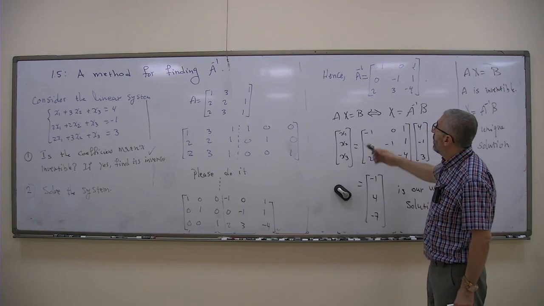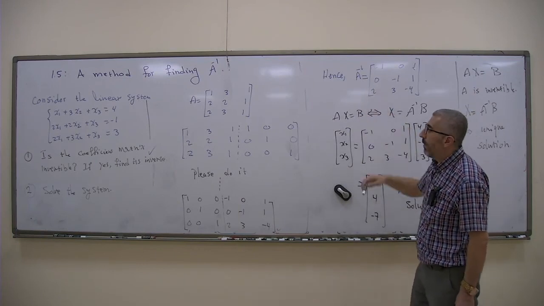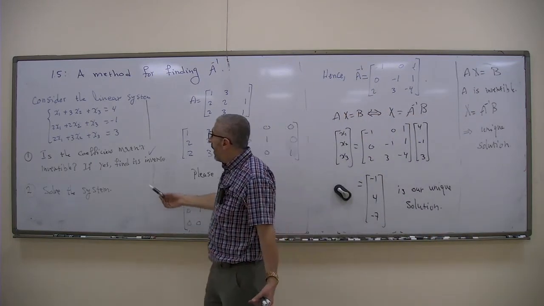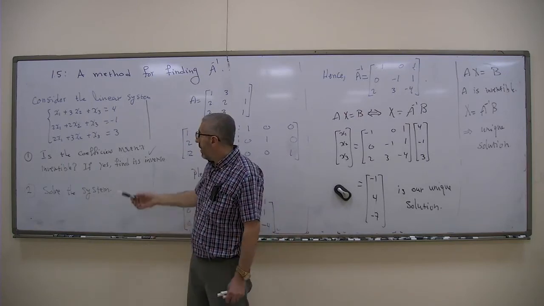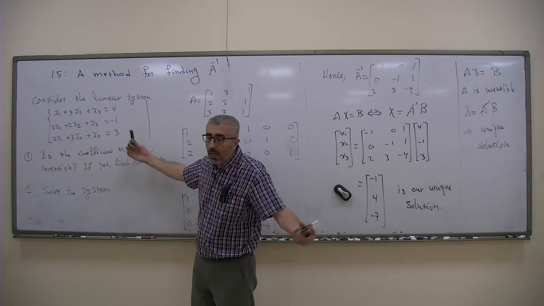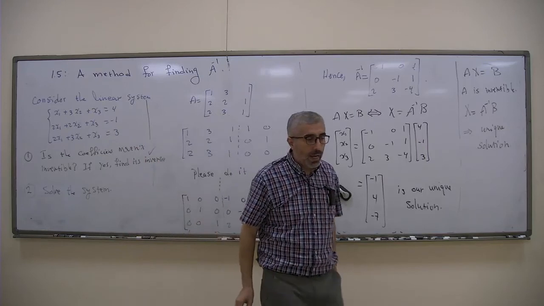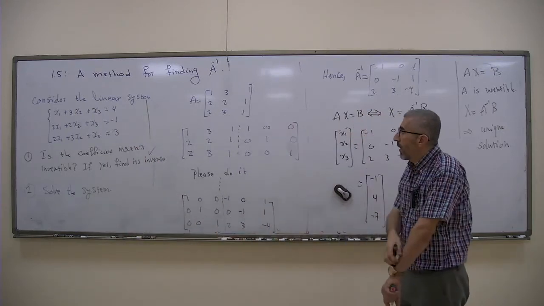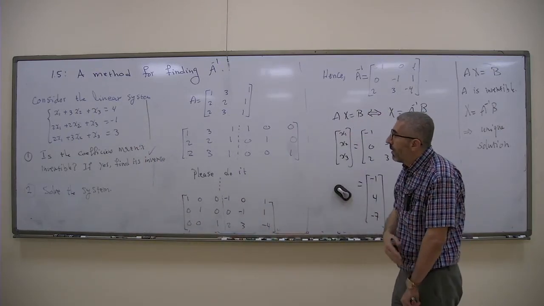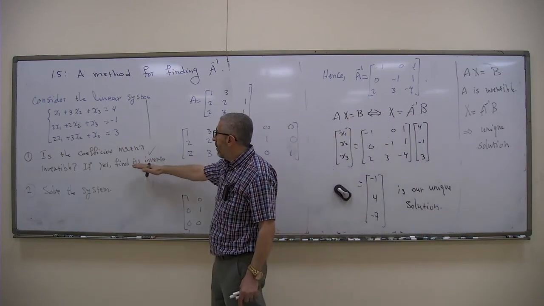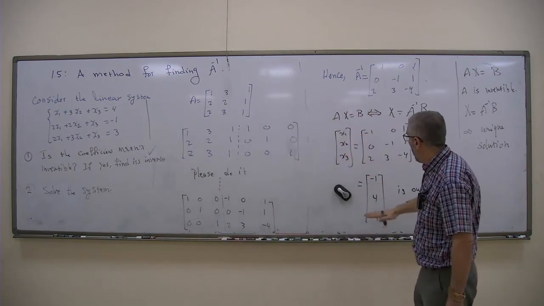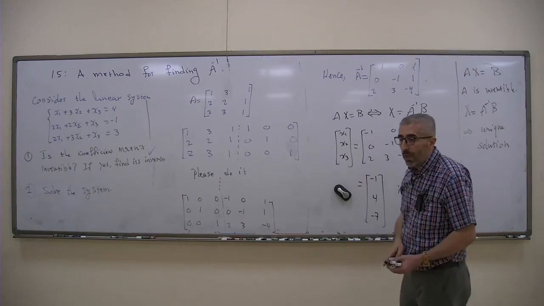If you don't have the inverse of A in front of you, are you supposed to find it or not? If you are not asked to find it, in that case, you are free. You can just do it as we did in the first section. Okay? Otherwise, you need to find A inverse, and then you can use it as we did here and find the solution of your system.